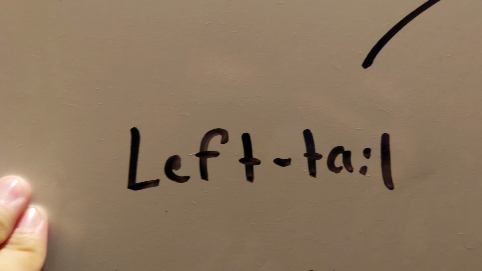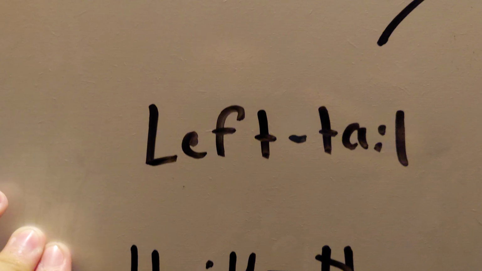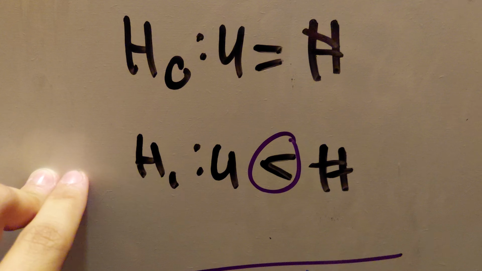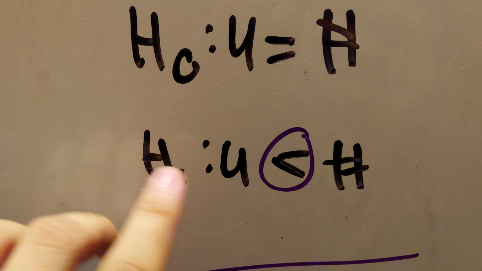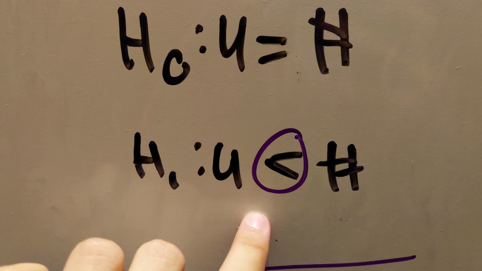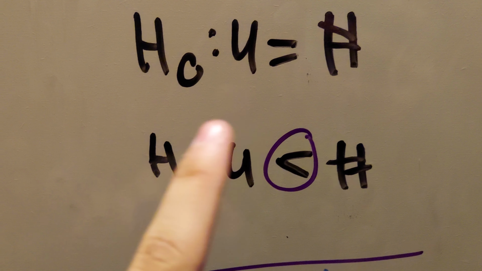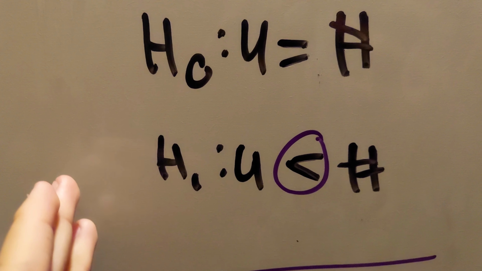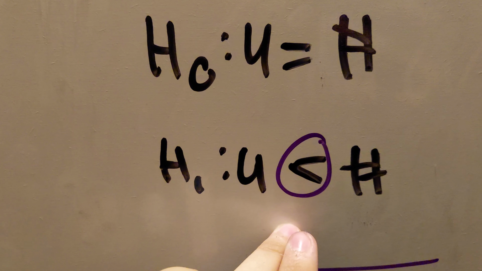Now, let's move on to the left tail. To determine when we're going to be dealing with the left tail, again, we're going to be referring to H1, or the alternative hypothesis symbol. When we know we're going to be dealing with a left tail, it is the less than symbol.